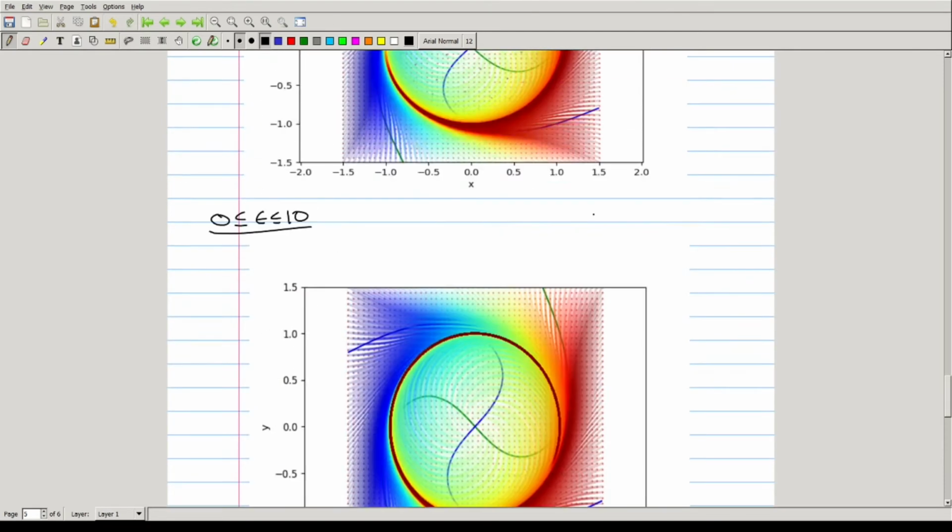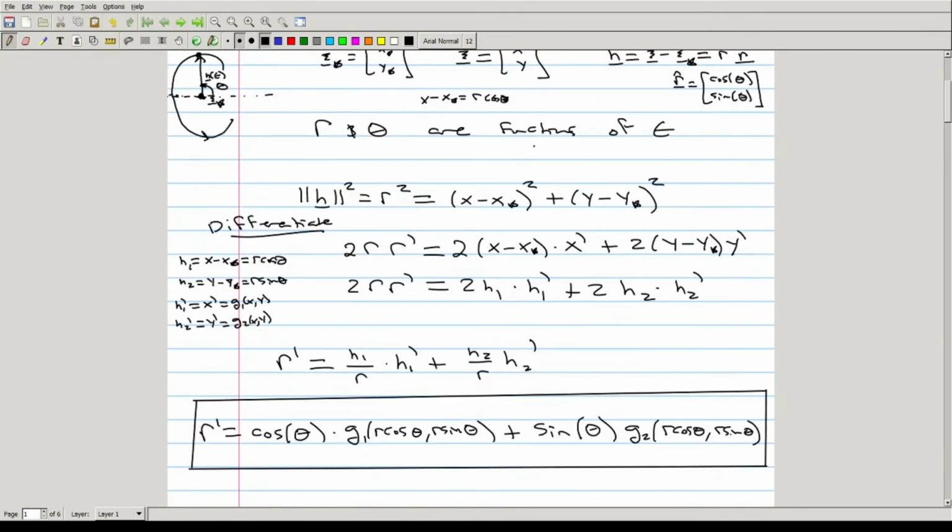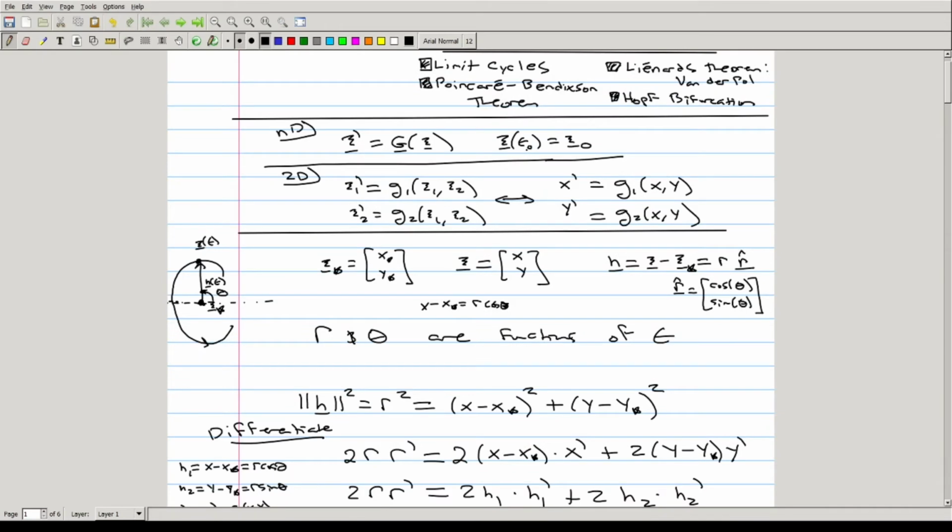And for this theorem, we're going to be considering a system of nonlinear differential equations in 2D.